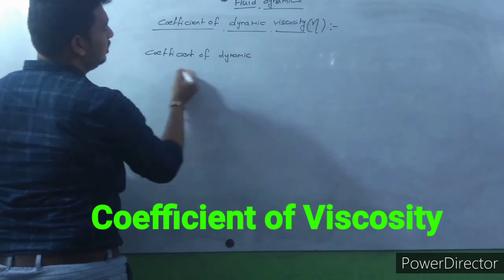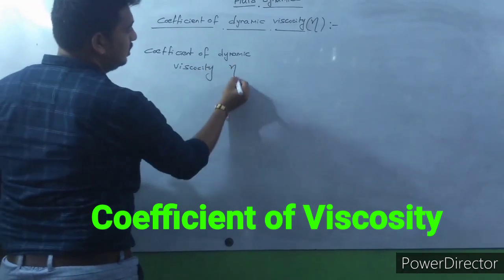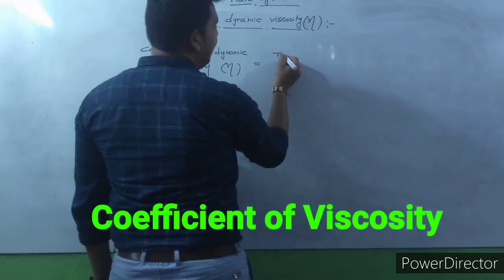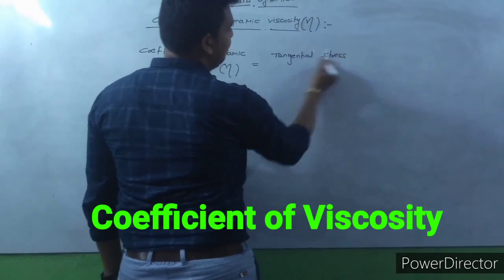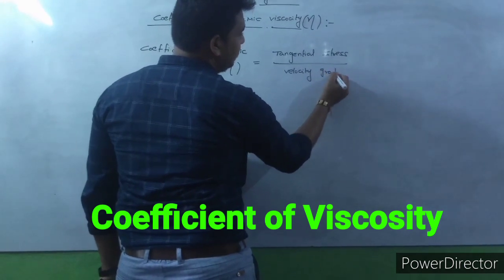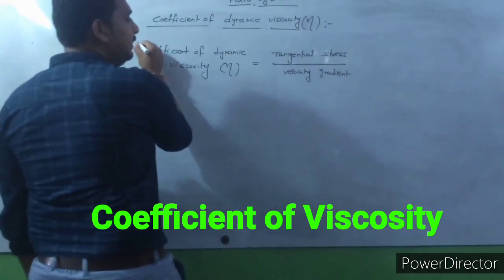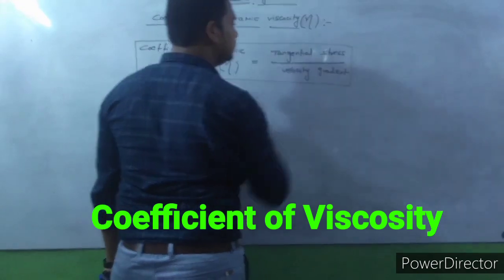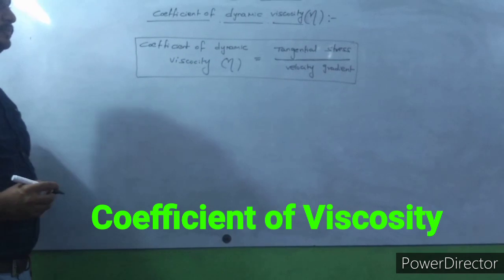The ratio between tangential stress to velocity gradient is called coefficient of dynamic viscosity.